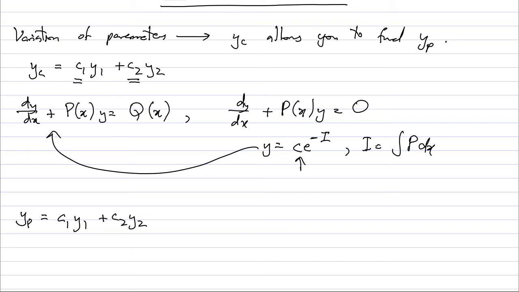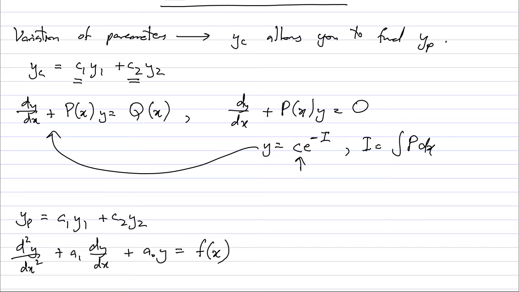So the differential equation that you have to solve is a2 d2y by dx2 plus a1 dy by dx plus a0 y is equal to some non-homogeneous term.